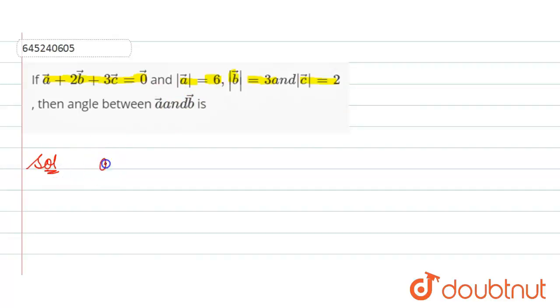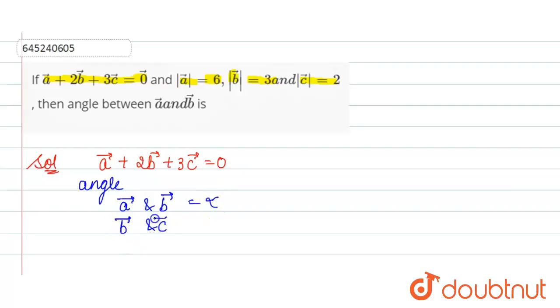So here we have a vector plus 2b vector plus 3c vector is equal to 0. Now to solve this, let the angle between a vector and b vector be alpha, b vector and c vector be beta, and c vector and a vector be gamma.